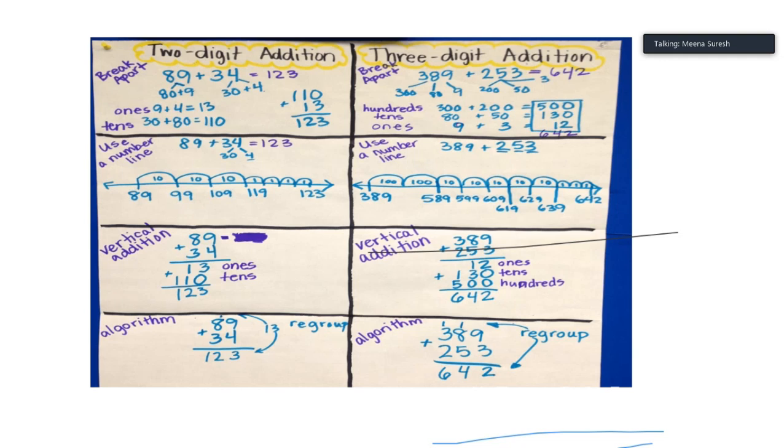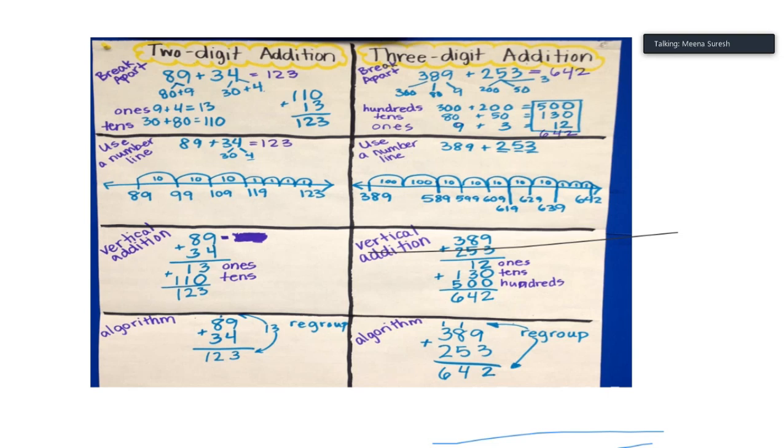The same thing he has done for a 3-digit number also. 389, again in the first thing he has broken both the numbers as 300 plus 80 plus 9, 200 plus 50 plus 3, hundreds together, tens together, ones together.